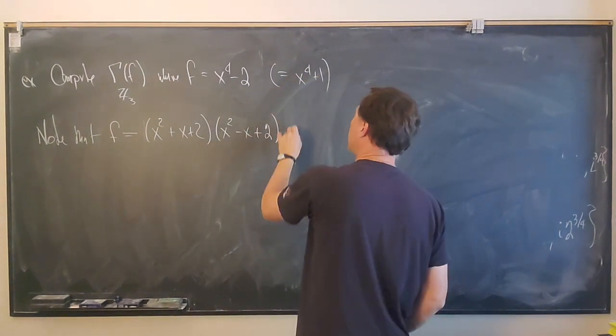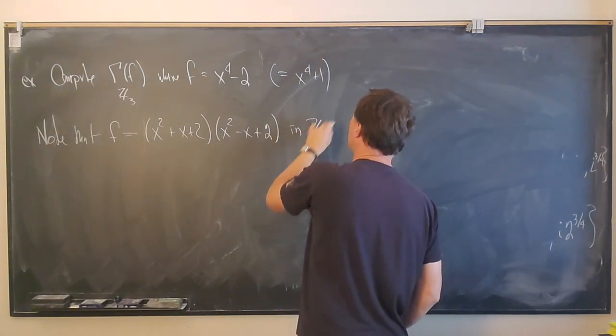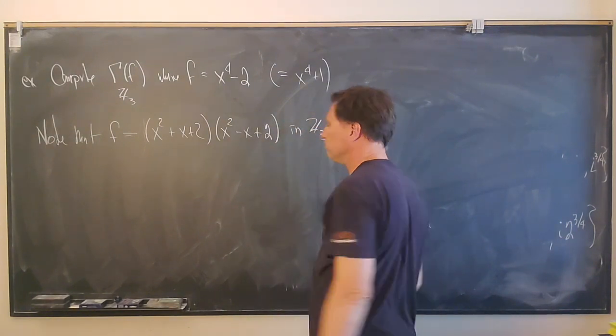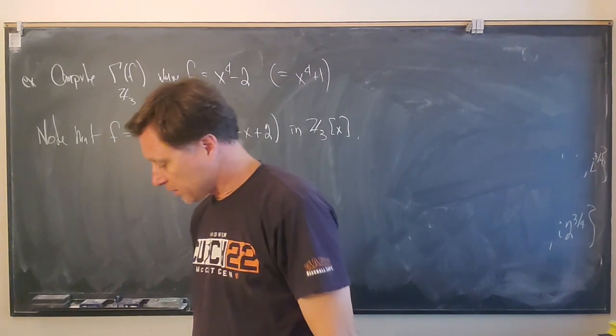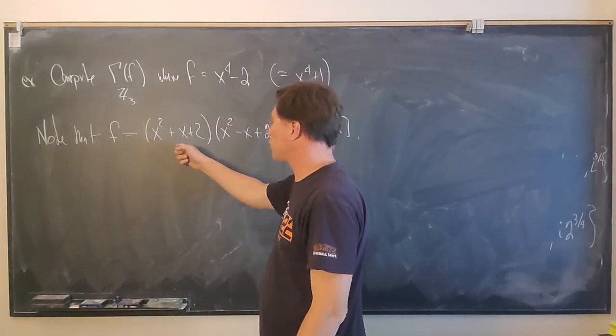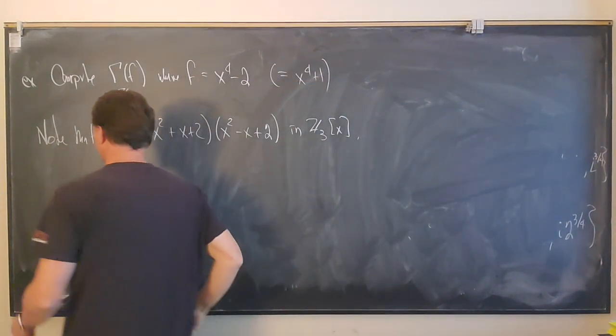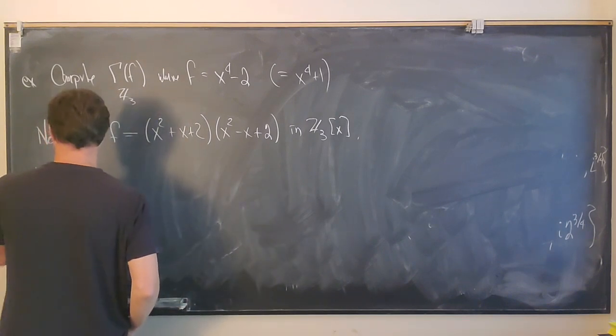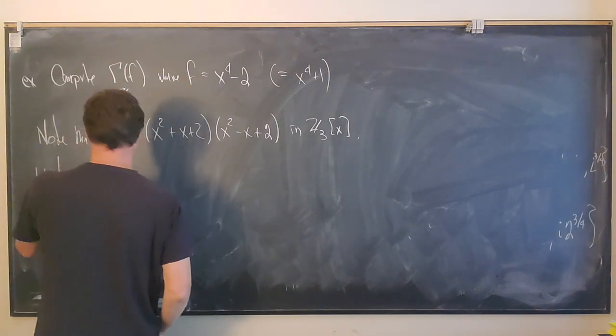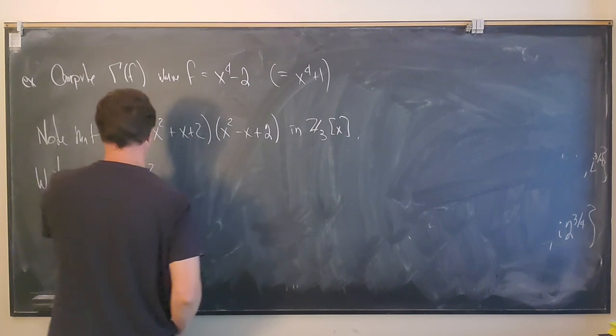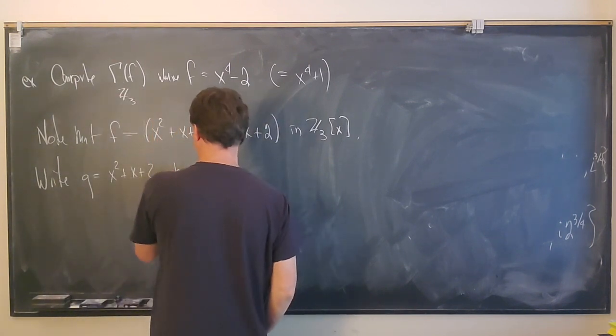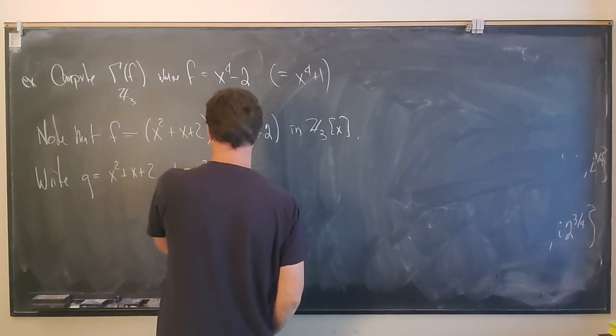So this is happening in Z3 bracket x. So I'm going to call this polynomial G and this one H. So let's write G equal to x squared plus x plus 2 and H equal to x squared minus x plus 2.